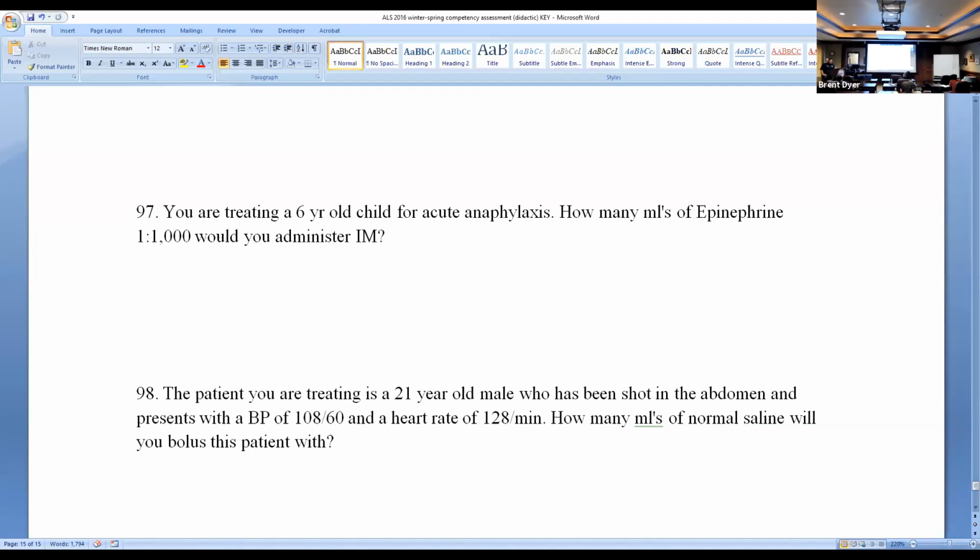If the patient got stung by a bee, the first round will probably fix it. If the patient went into anaphylaxis because they got around something they were allergic to, the first round might fix it.